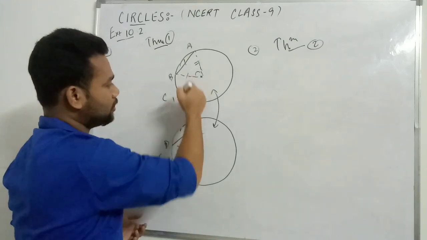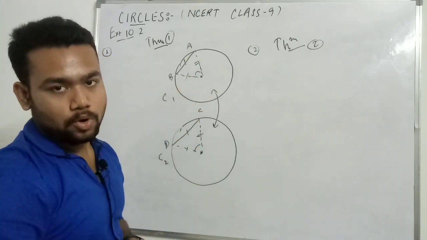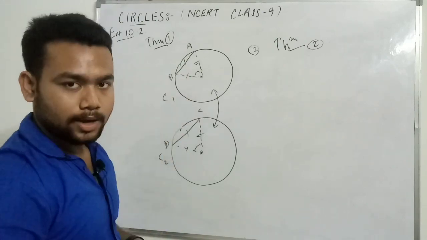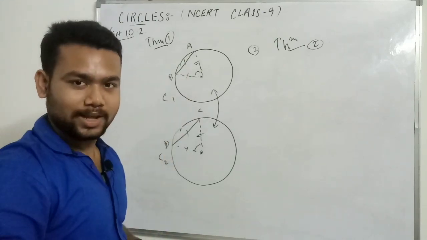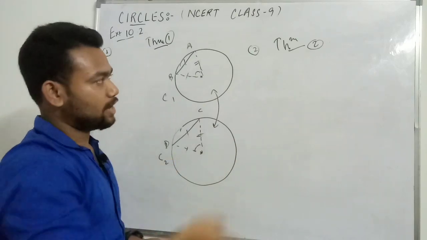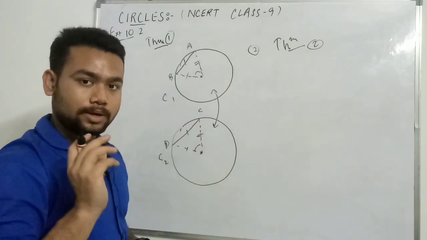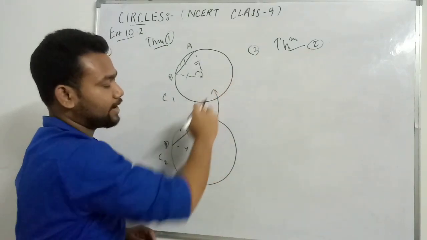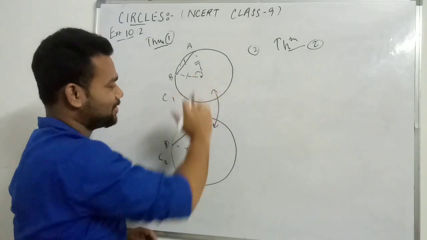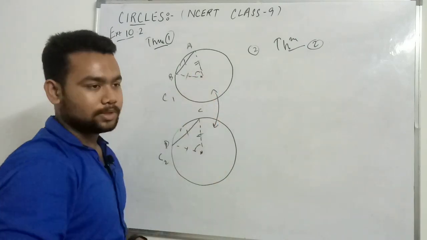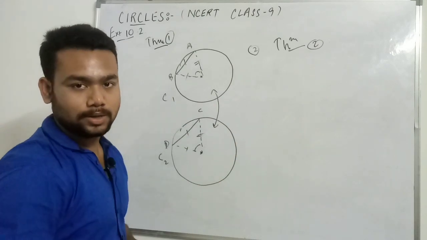So by SSS rule, both triangles are congruent, and by CPCT these angles are equal. Got it? Similarly, proceed with the second question with the help of theorem 2. In that particular question also it was mentioned that two congruent circles are given. So I hope with the help of this diagram you can solve the second one.